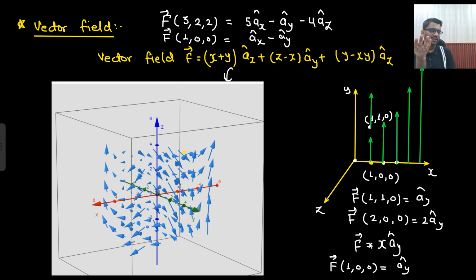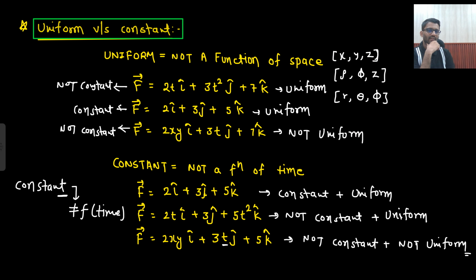So here we plotted this thing, vector f equals x a y cap. So this kind of field we were getting. At different points different fields will be there. And then we saw the meaning of uniform versus constant.